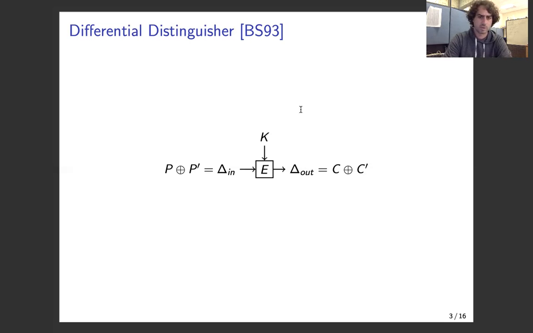The input difference would be a plaintext P XORed with some plaintext P prime, and then we follow the difference through the cipher, which we call a characteristic, and we get output difference C and C prime. If the probability for such a characteristic is high enough, then we can use this to distinguish the cipher from a random permutation.